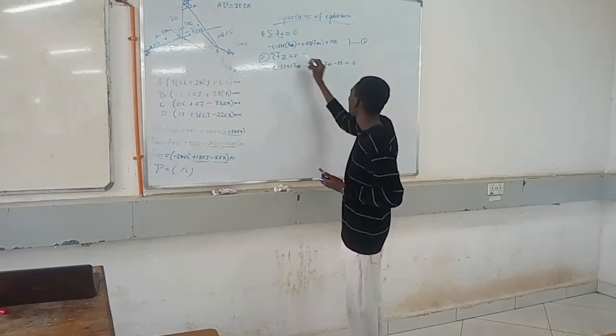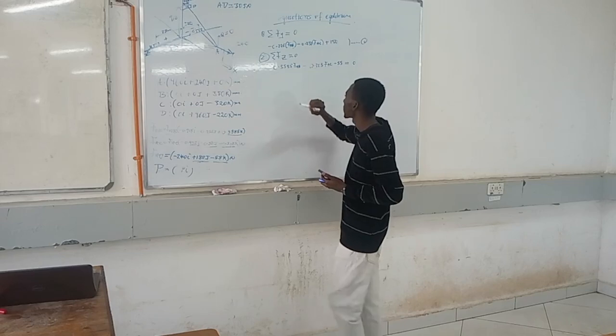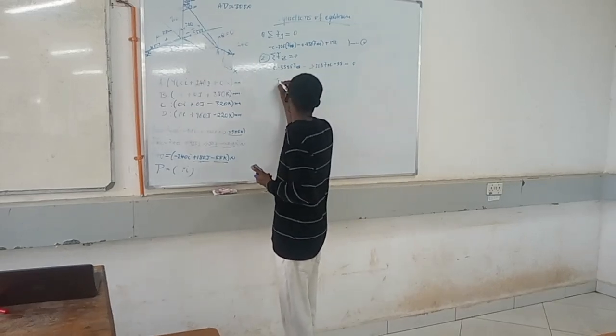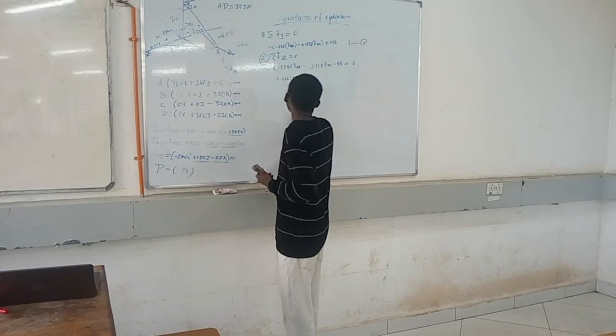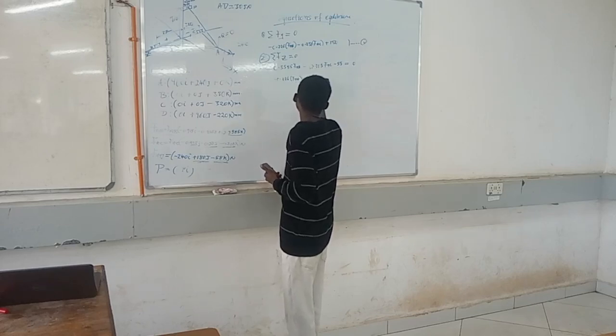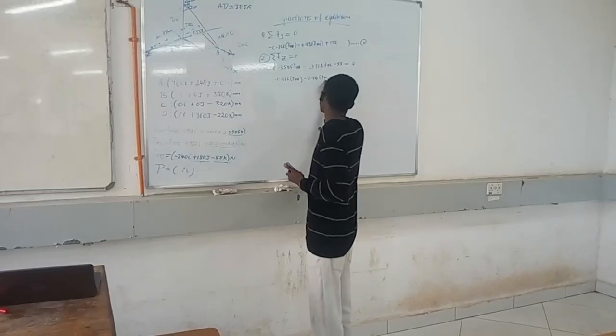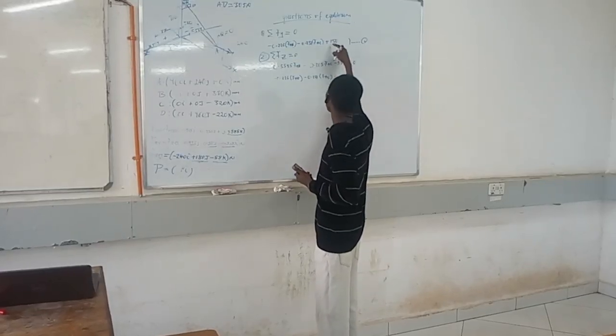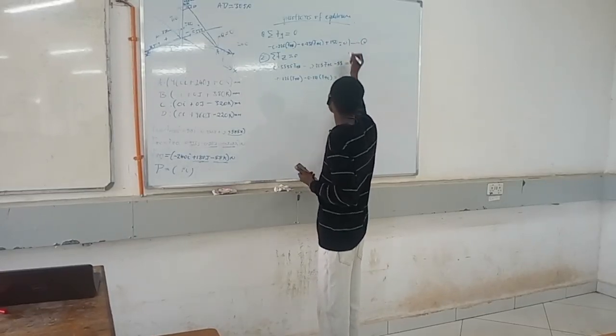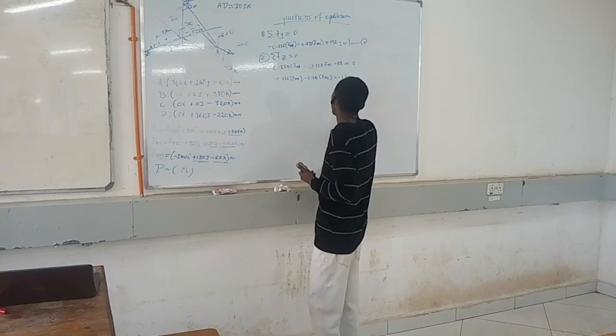These two equations can be solved simultaneously. So negative 0.226 force AB minus 0.231 force AC is equal to this 180. When it goes to the other side, it's going to be negative 180.